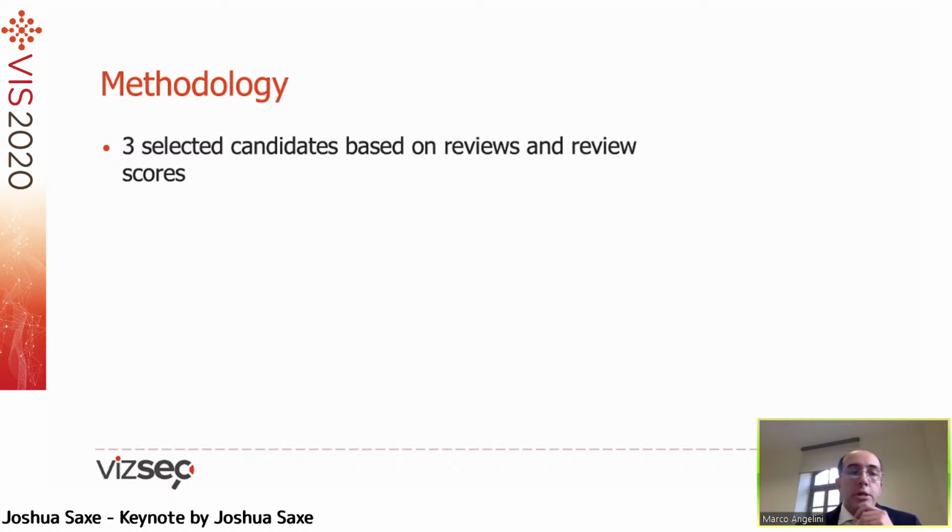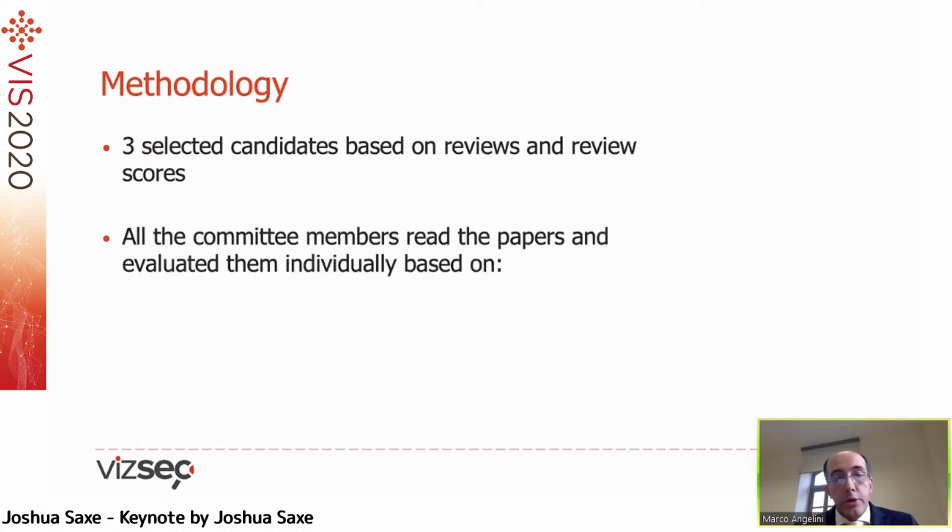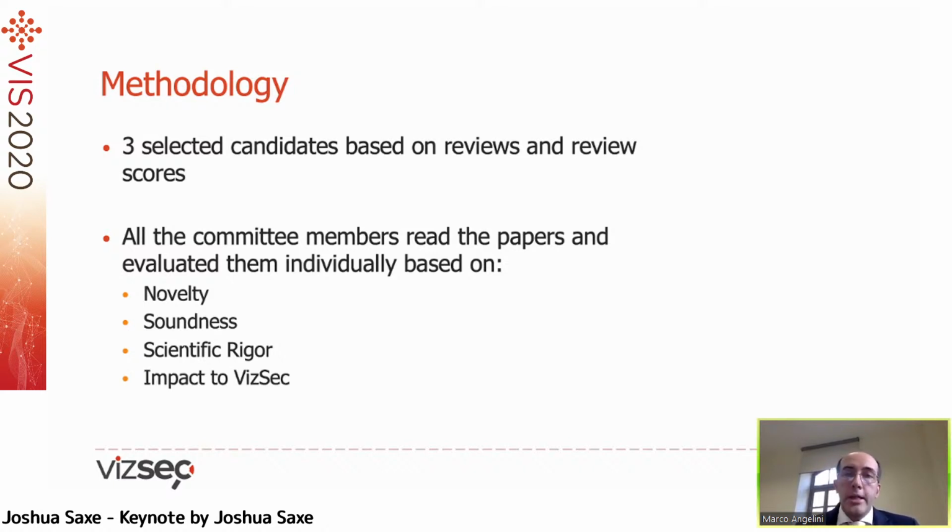Then each of the committee members read the papers and evaluated them individually based on the following metrics: the novelty of the idea proposed by the papers, the soundness of the approach presented by each of the contributions, the scientific rigor that was followed in unfolding the idea and results inside the contribution, and finally, the impact that the idea presented in the papers could have on VizSec and visualization for cybersecurity in the wild.